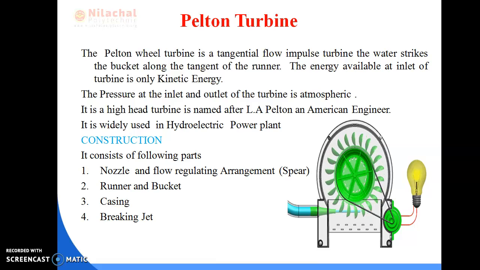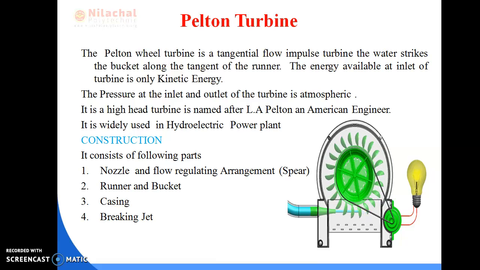The pressure available at the inlet and outlet of the turbine is atmospheric pressure. This is a high head turbine, meaning the net head available at the inlet of the turbine is more than 250 meters, up to 1800 meters.